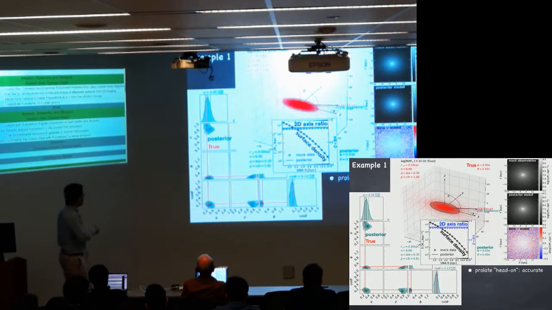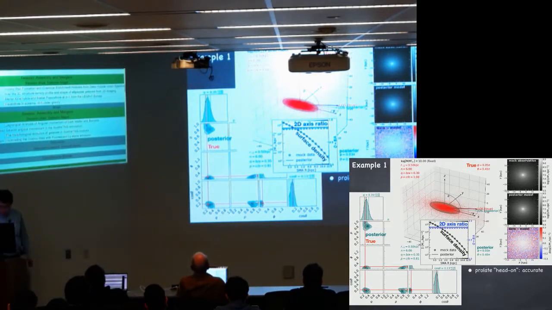And here on the lower left panels, we show you the posterior distributions of the model parameters, including the shape, p and q, and the line of sight, which is specified by an azimuthal angle phi and the polar angle theta. So the true values are represented in red, and the different shades of teal represent the posterior. So this is very accurate.